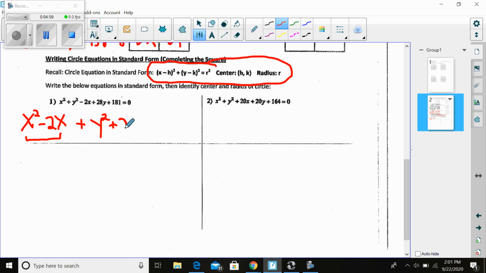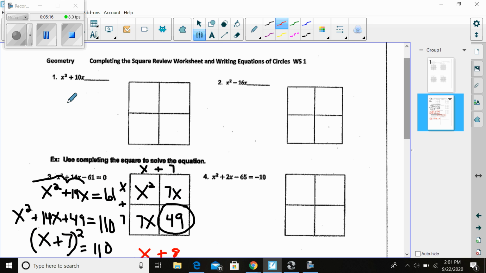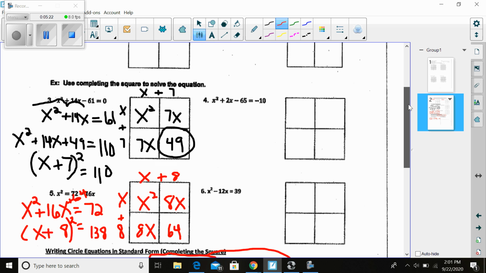And let's take that 181 and bring it over to the other side. Now, what I'm going to suggest is, I think we've done enough practice here. Actually, the first two at the top, we did those in the prior video with the algebra tiles, and we don't need to do these because I think you've gotten the point.